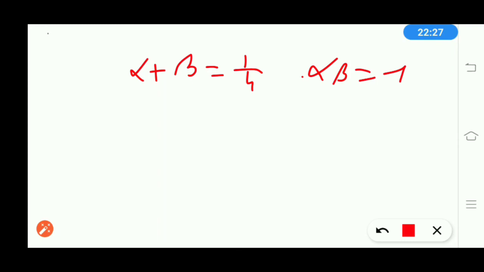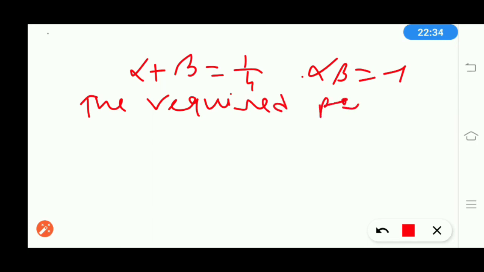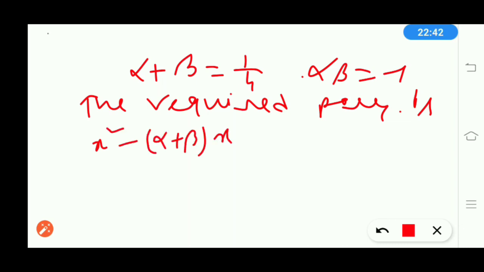So simply you can write the required polynomial is x square minus (alpha plus beta) into x plus alpha beta. That means x square minus 1 by 4 into x minus 1.